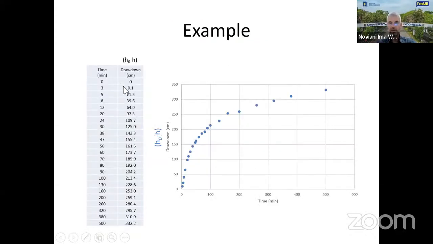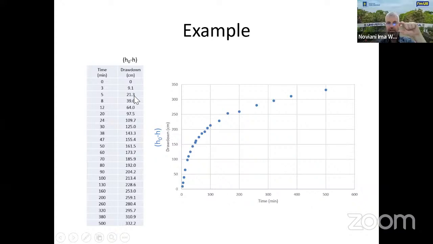So this is the type of data one would get from an aquifer test. Here's the time in minutes: 3, 5, 8, 12, 20, and so on, up to 500 minutes. And at each time, we have a drawdown. At time 0, nothing happens, therefore drawdown is 0. Then after 3 minutes of pumping, the drawdown is already 9 centimeters.